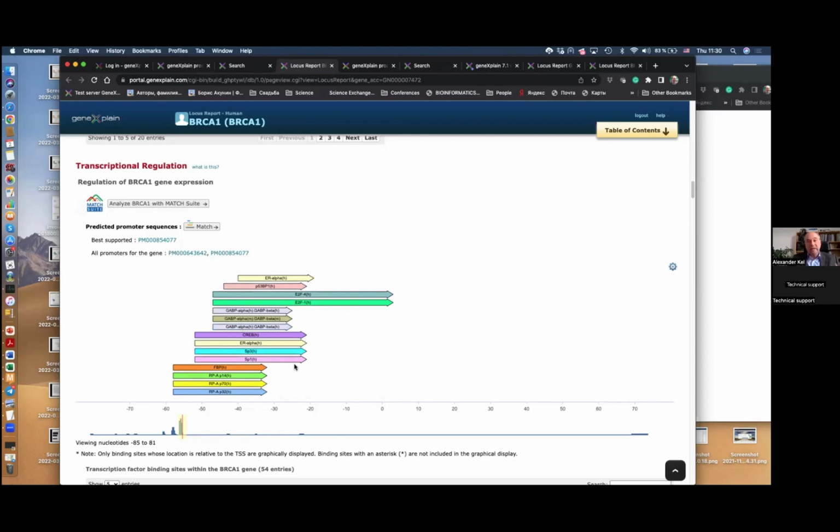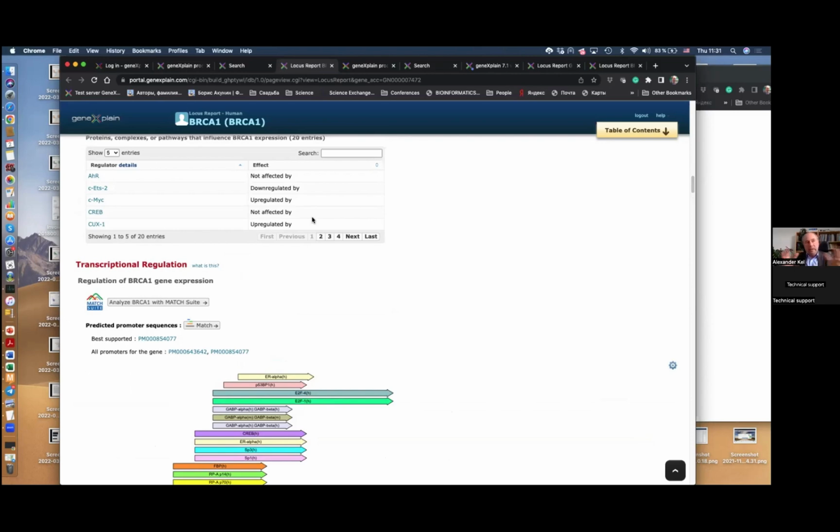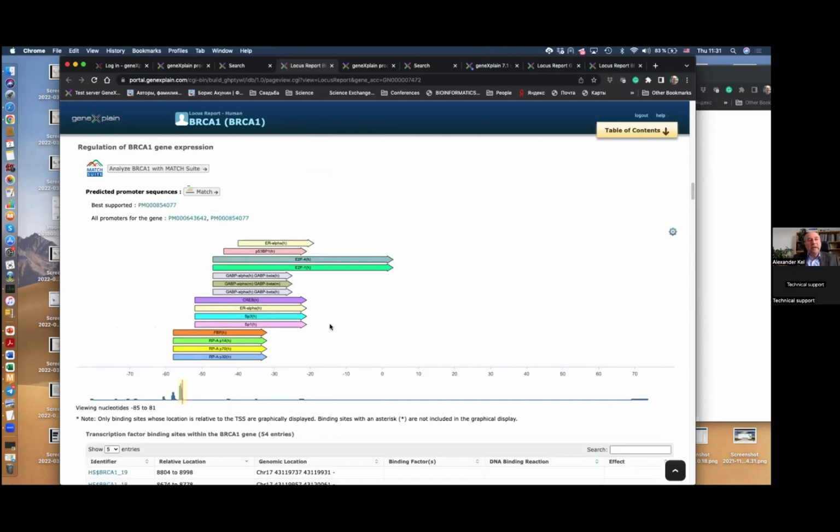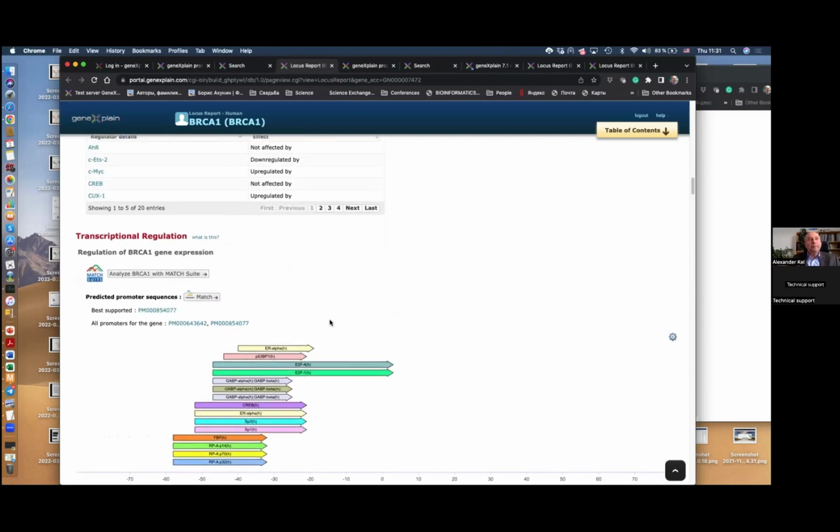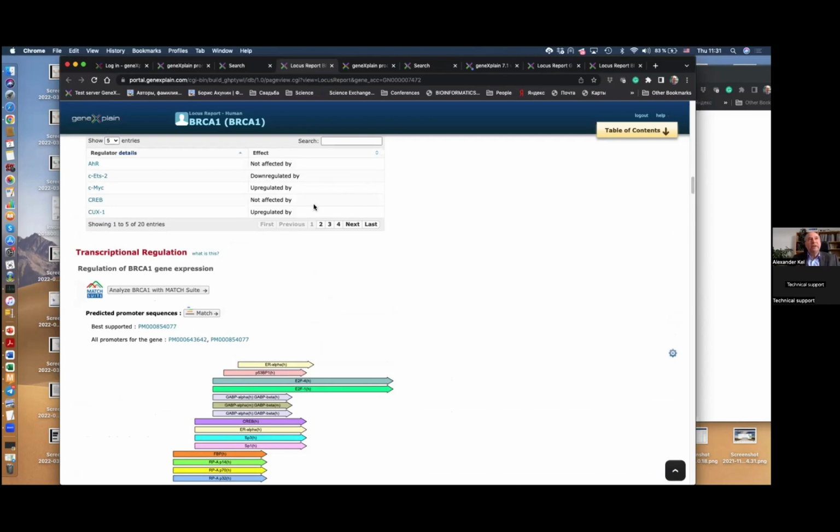But again, as I said, known binding sites are still very few. So we still have to predict new binding sites, especially in a tissue which is not yet studied in the experiments that were done to analyze binding sites for various factors. Okay, so if you have access to this database, you can look for more information about this gene.